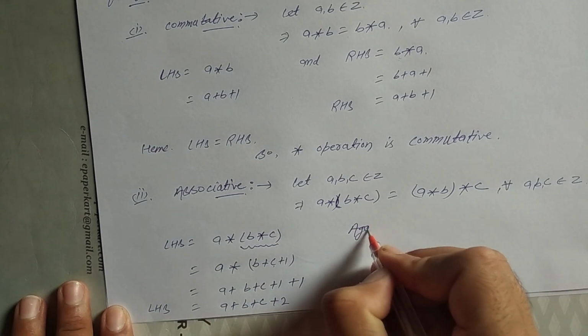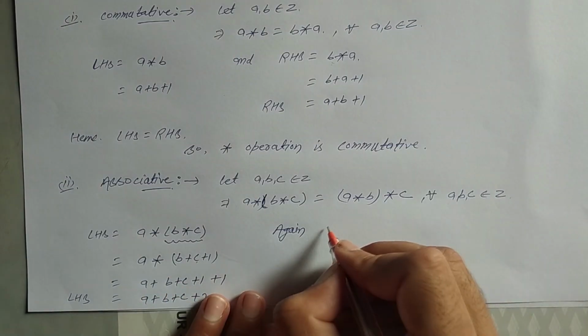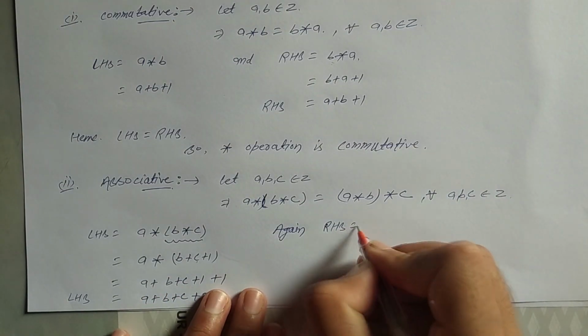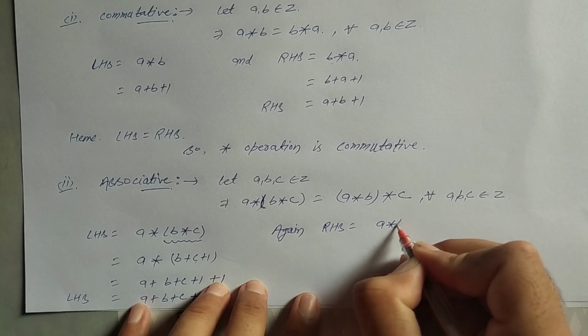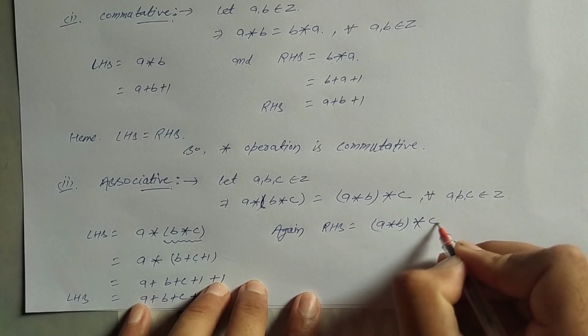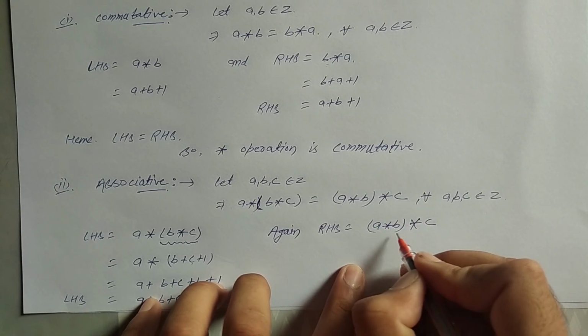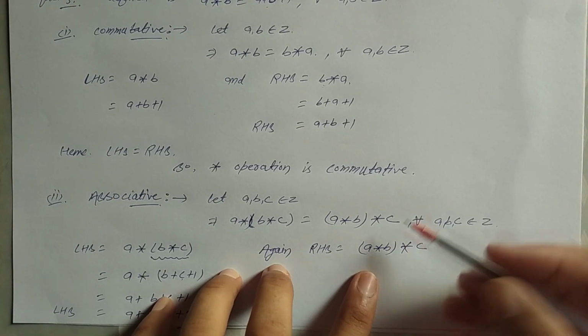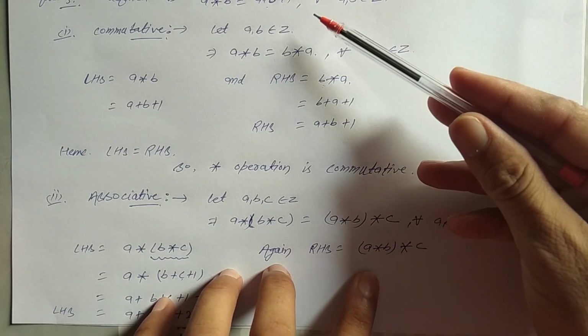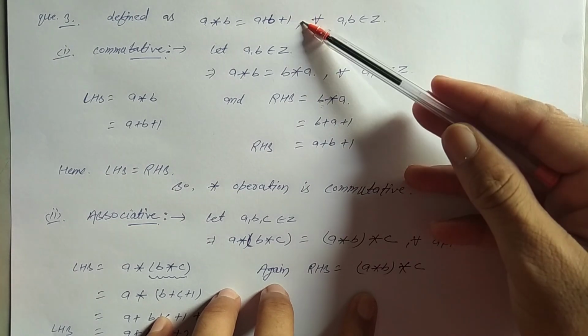Again, right hand side, A star B star C. Solve the bracket A star B. According to the question, A star B is equal to A plus B plus 1.